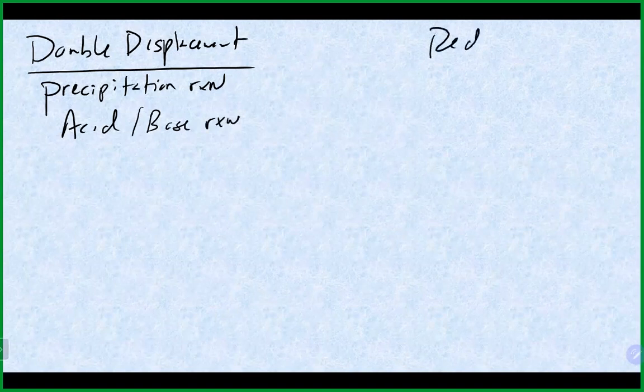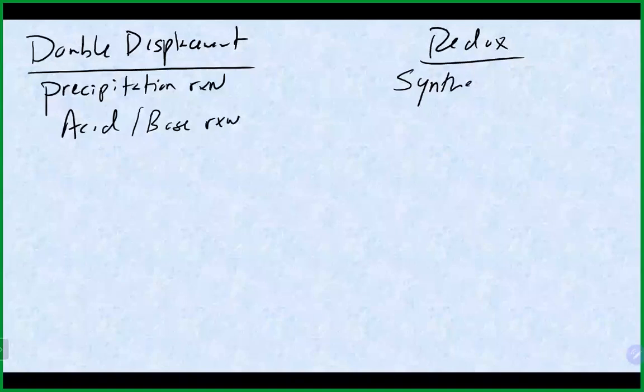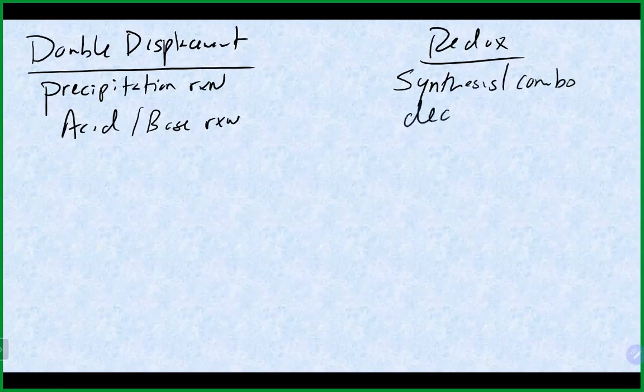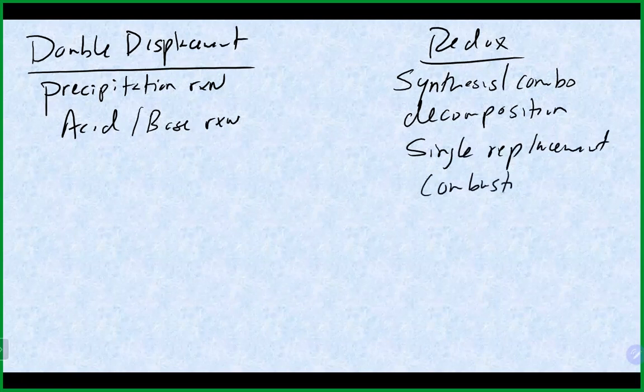Under redox reactions, where we have electrons being transferred, that's our synthesis, combination, our decomposition, our single replacement, and our combustion reactions. So those are the big umbrellas of classifications and the more specific classifications that fall underneath them.